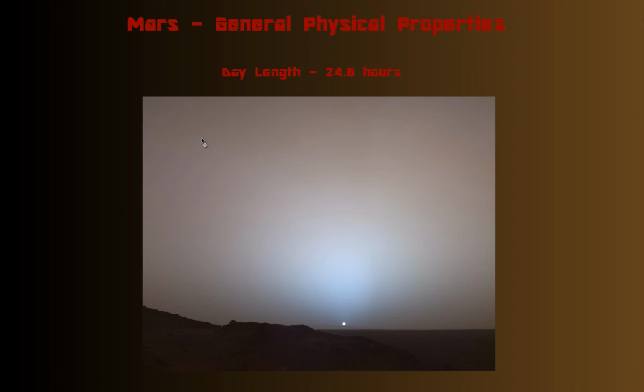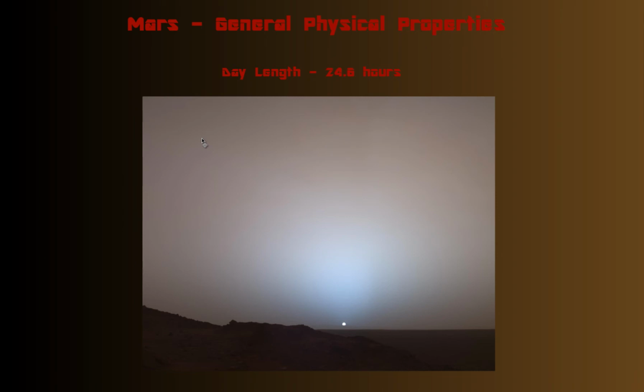For example, we just sent the Curiosity rover to Mars, and it landed a few months ago, and so the people in charge of managing Curiosity, driving it, and giving it instructions, they're all trying to stay on Mars schedule. So one morning they may wake up at, say, 8 in the morning.